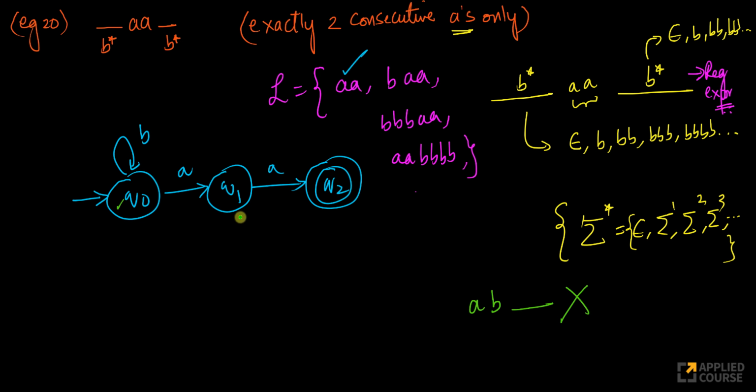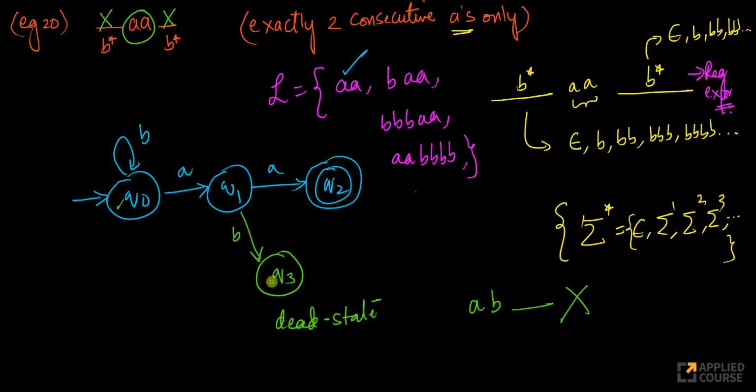So if I get B now, this has to be a dead state. Sorry, this is B, my bad. So I should write this as Q3. The moment I see A followed by a B, I've encountered an A without the consecutive A, and I want exactly 2 consecutive A's. I want AA, no more A's here. That's very important for me.